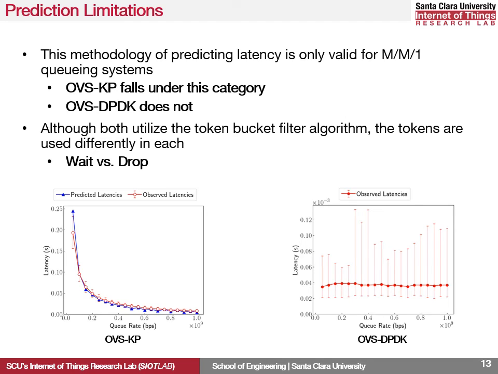This is because the rate of the queuing system in OVSDPDK is independent of the allocated queue rate. The allocated queue rate's purpose is just to specify the rate at which packets need to be dropped or not. Since the OVSDPDK queue does not actually operate at the allocated rate, the time spent by each packet in the queue cannot be predicted using this rate.